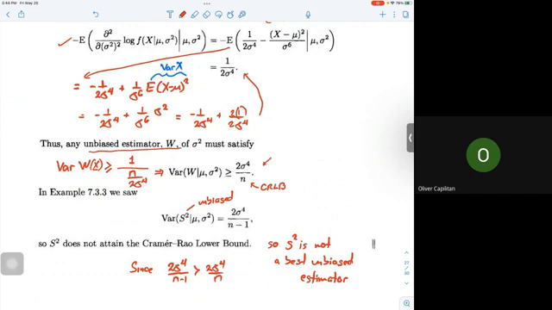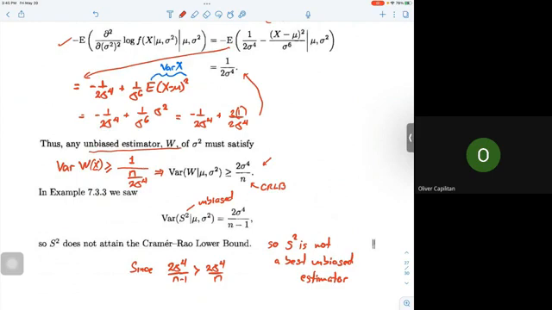That is for any unbiased estimator. And we know that S squared is also unbiased. The variance of our sample variance, S squared, is greater than the bound for any unbiased estimator. So it does not attain the Cramer-Rao lower bound.